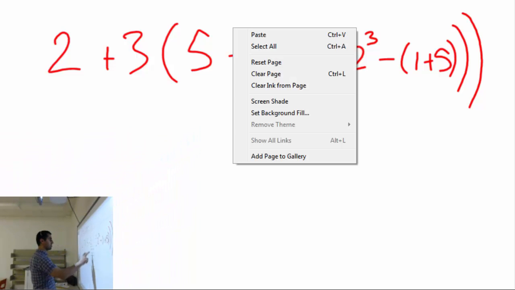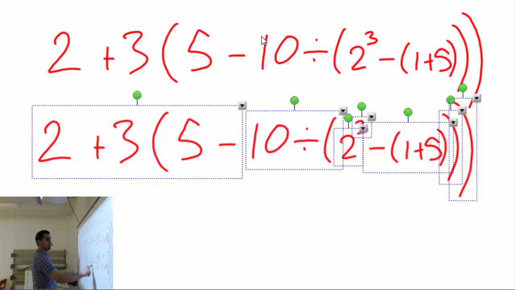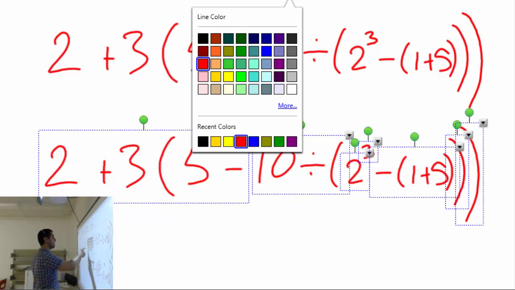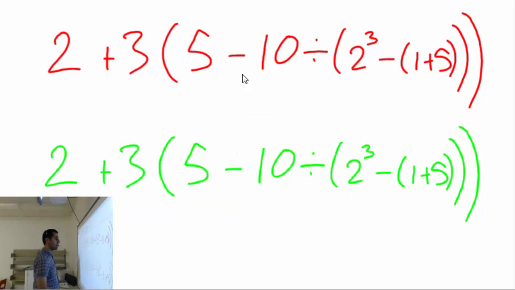It's easier for me. Let me even change the color so we know this is a different level. Alright, over here, inside, one bracket from the left, one bracket from the right is gone. And now we know that is 6.